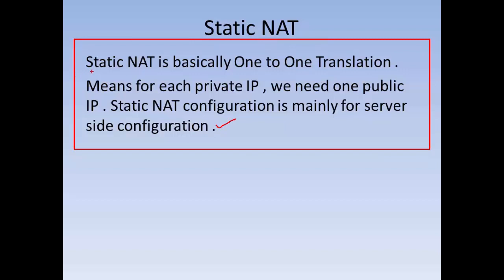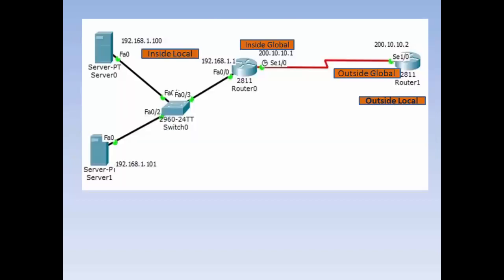So basically, what is static NAT? Static NAT is one-to-one translation. One-to-one translation means for each private IP we need one public IP address. If you come back to this, right now you can see we have this IP and this IP. To communicate over the internet we will do the static configuration.